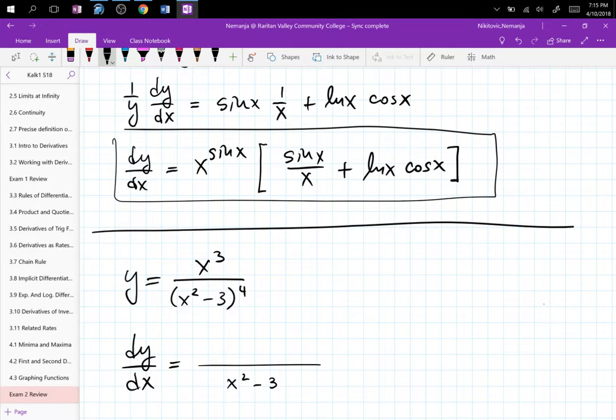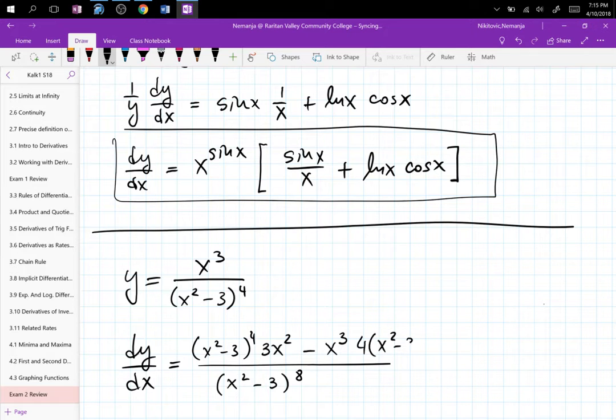So x squared minus 3 to the 8th, x squared minus 3 to the 4th, times the derivative of the top, which is 3x squared, minus copy x cubed, and the derivative of this is 4x times x squared minus 3 cubed.